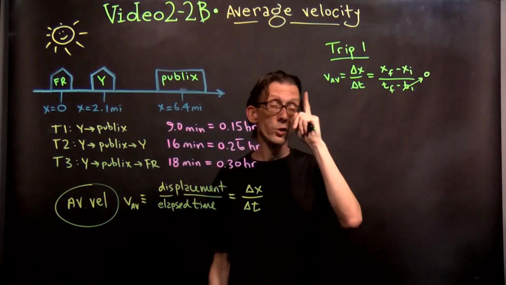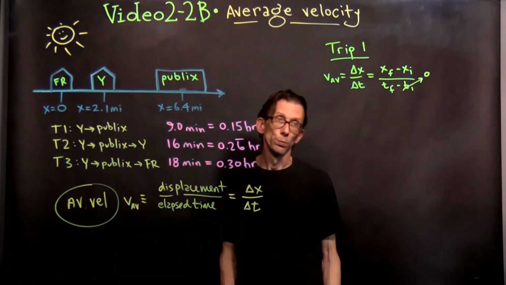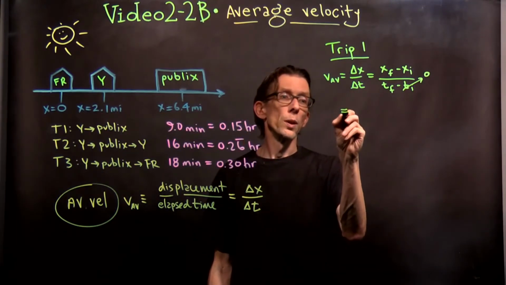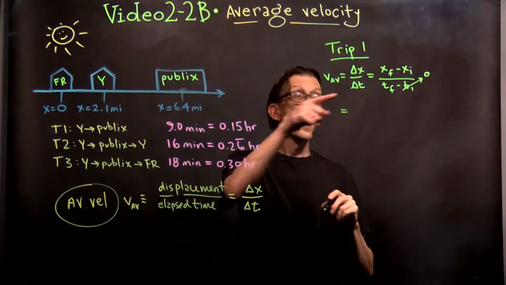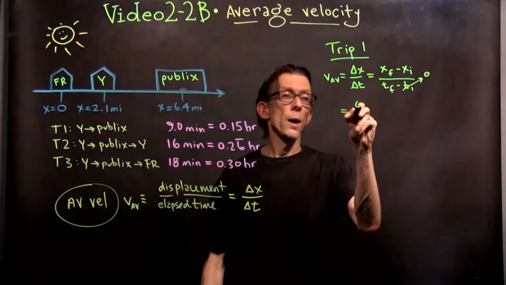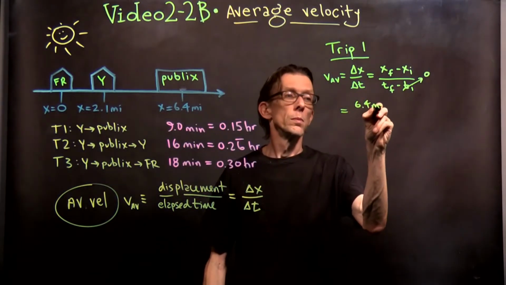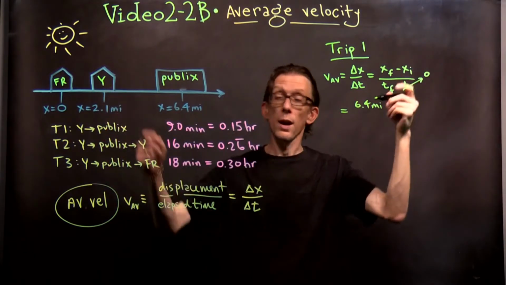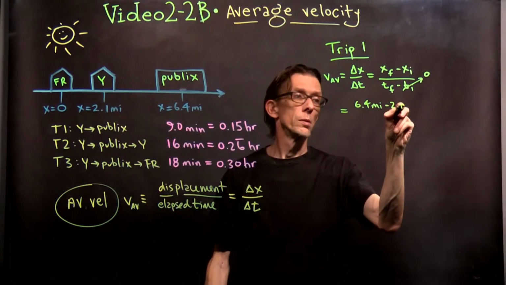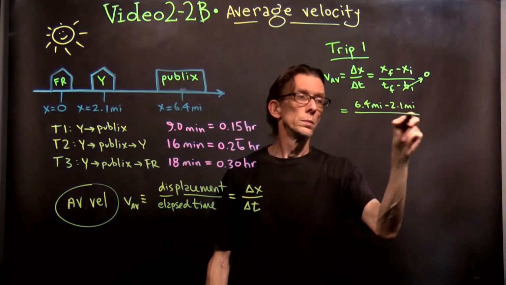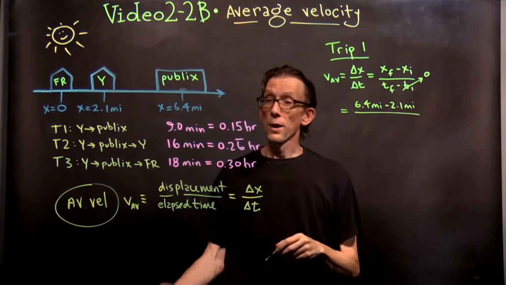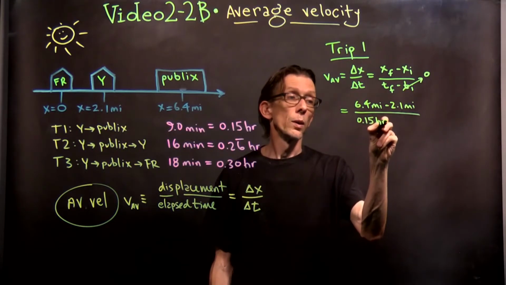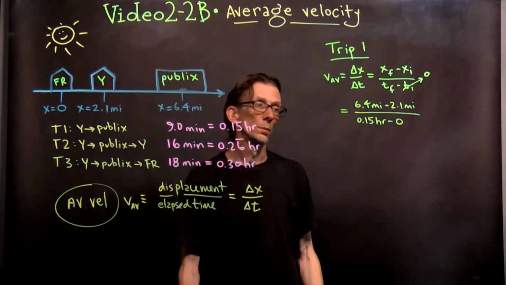We're going to assume the initial time is 0. So let's find v average for trip 1. What's your final position for trip 1? It's 6.4 miles. What's your initial position for trip 1? Your house, 2.1 miles. Final time was 0.15 hours. Our initial time was 0.